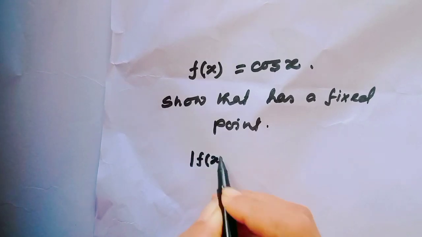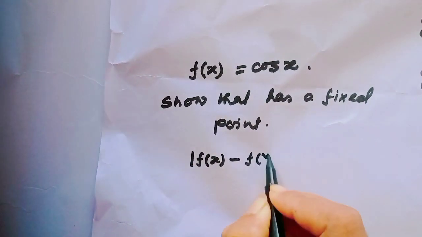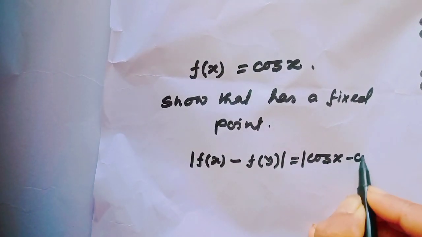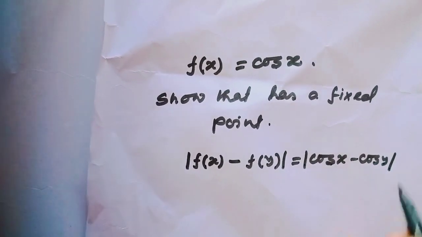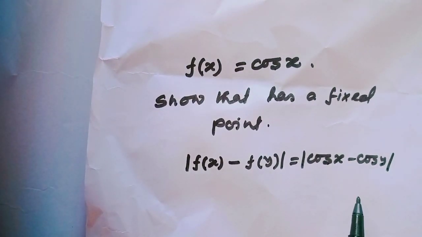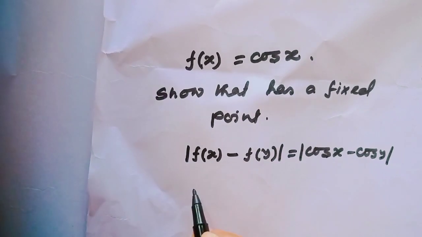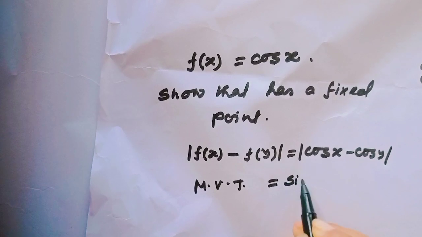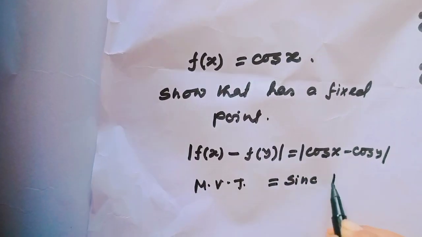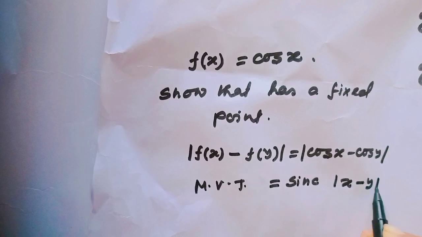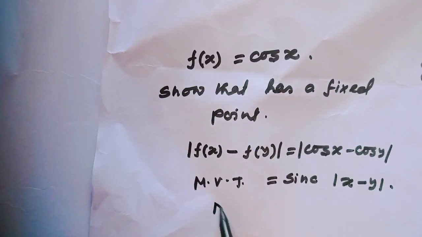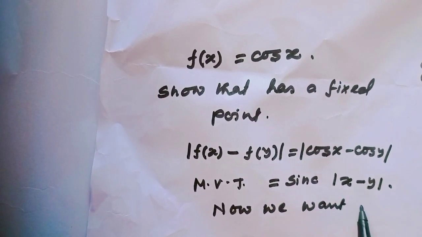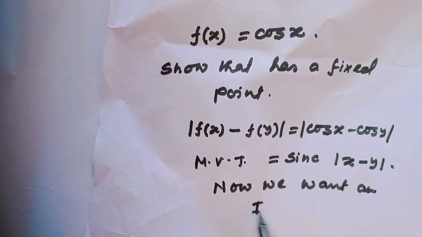The absolute value of f(x) minus f(y) equals cos x minus cos y, and by the mean value theorem we can tell this is equal to sin c times modulus of x minus y. Now we want an interval.